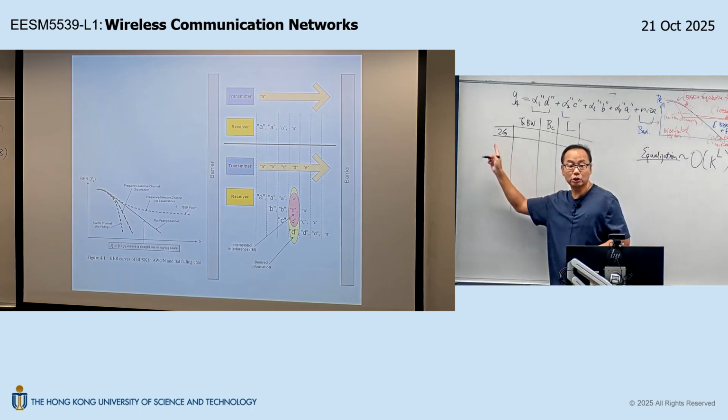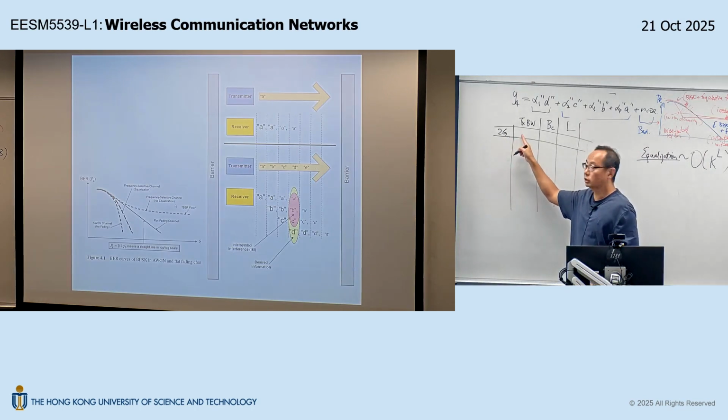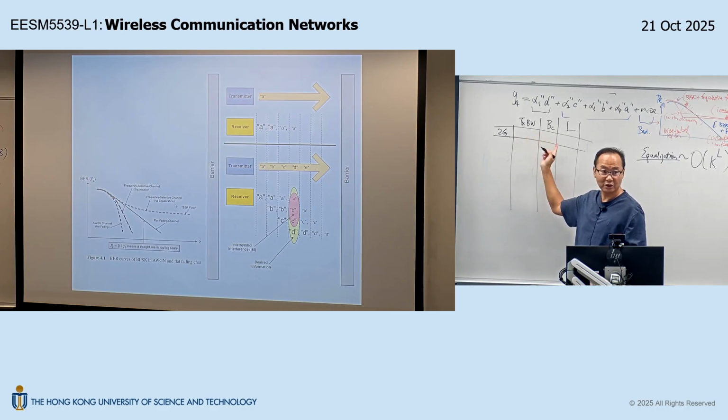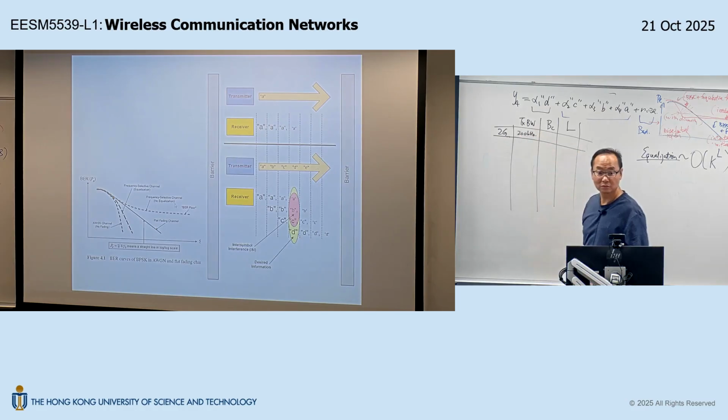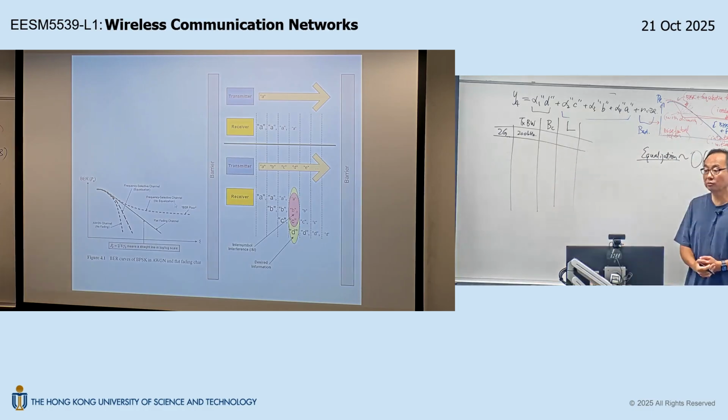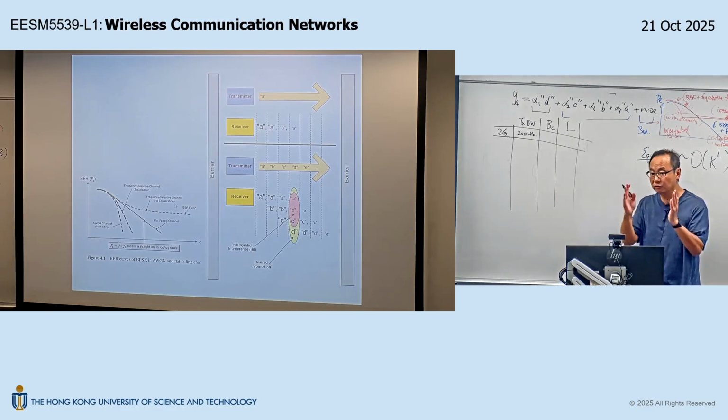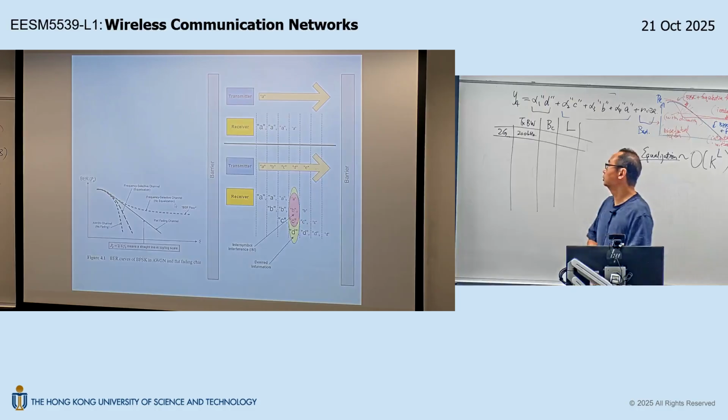So for 2G, let's say GSM systems, do you know what's the transmission bandwidth? Megahertz or kilohertz? No idea? It's actually 200 kilohertz. Okay, it's a 2G system for mobile voice service. The transmission bandwidth for each user is 200 kilohertz.